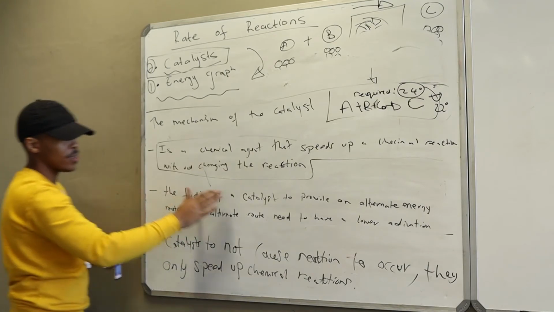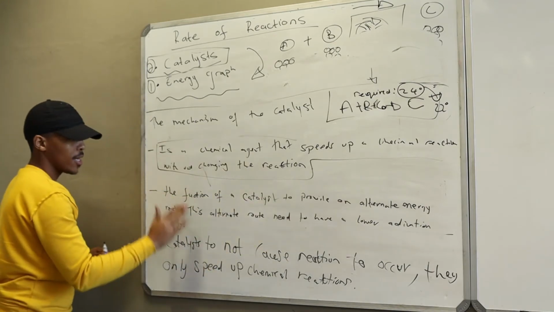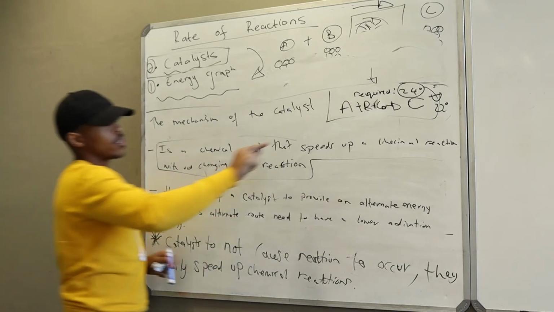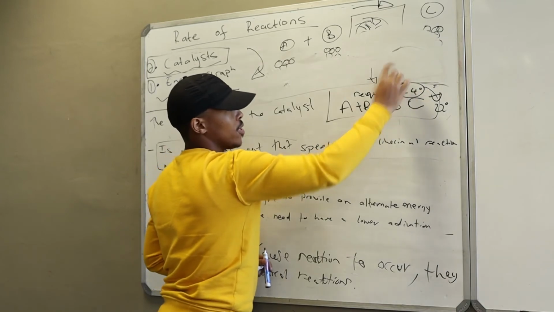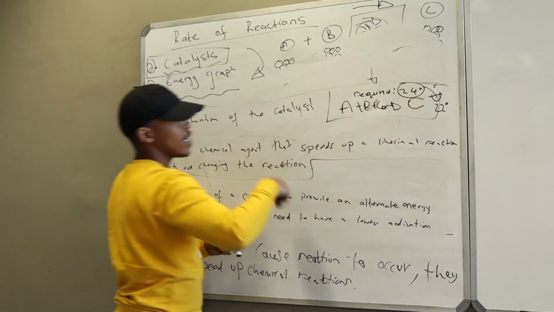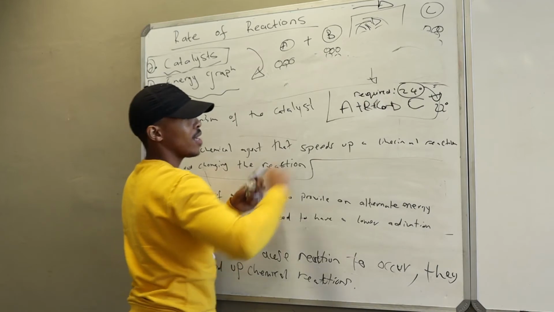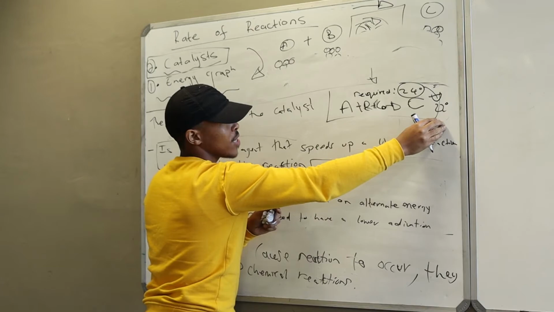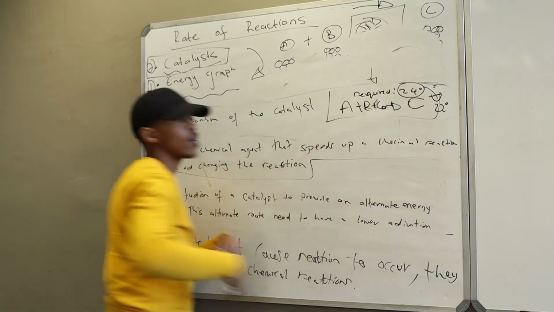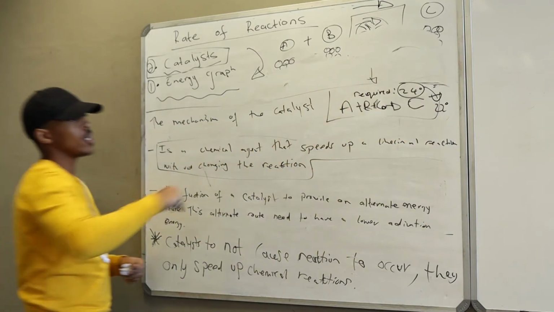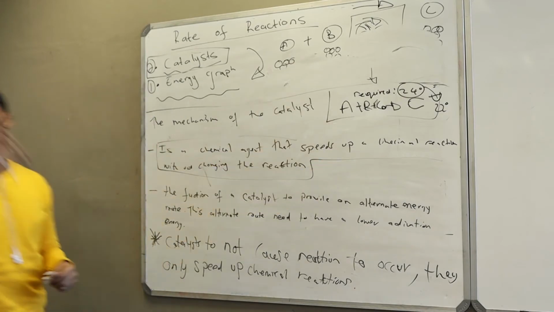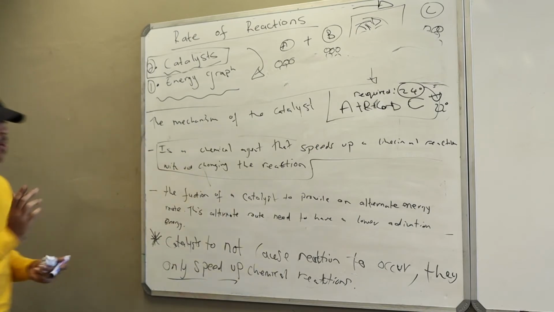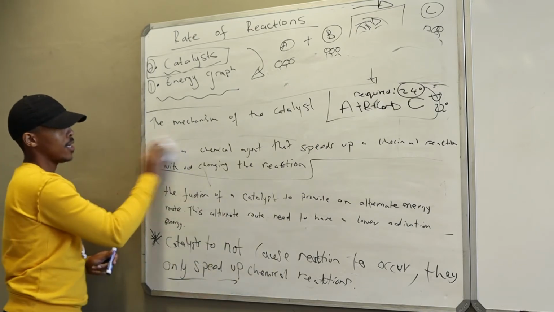The function of a catalyst is to provide an alternative energy route. This alternative route needs to have a lower activation energy. So from original, it drops to low, but I can't have a chemical reaction start below its activation energy, add a catalyst, and then cause it to react. It can only speed up a reaction that is already happening. Very important when it comes to the catalyst. Remember that.